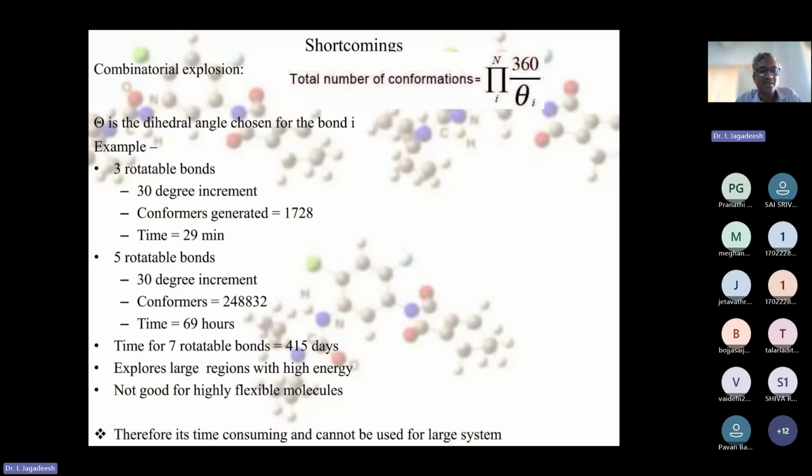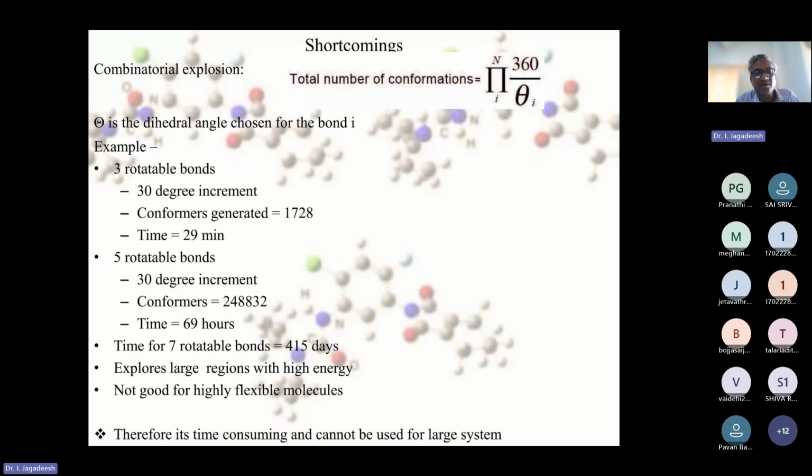Say, for example, if you want to go with 5 rotatable bonds and the same 30-degree increment in your conformational study, the total number of conformers is 248,832. So it takes around 69 hours if you are going with 5 rotatable bonds to get the conformations of all these states.